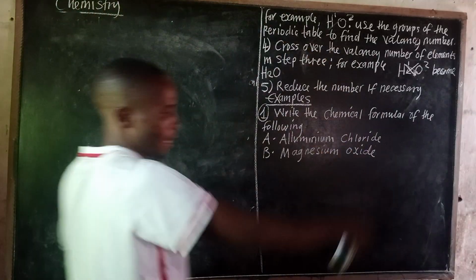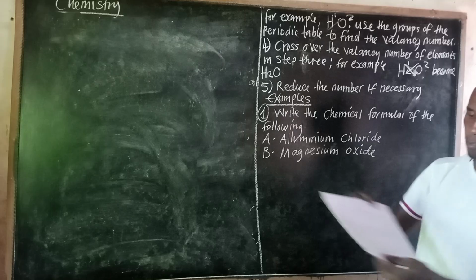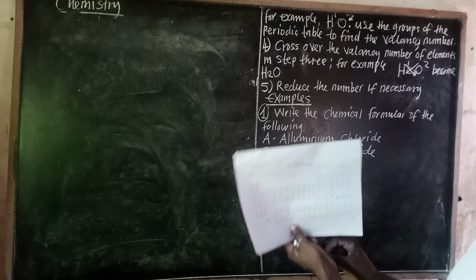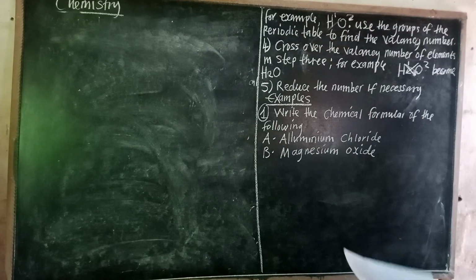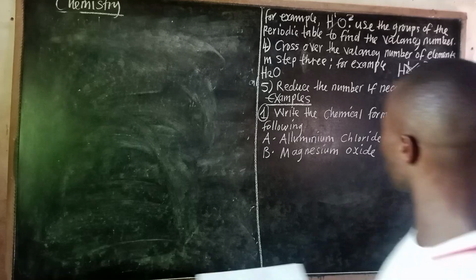Okay, so now from there, we can now even get the periodic table. So this is the periodic table which they are talking about. Okay, so the periodic table is going to help us to write the chemical formula. So we can start. Aluminium chloride.